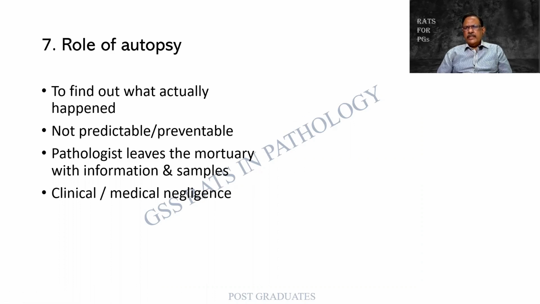The author mentions that, for example, the various fluids we will have to obtain, maybe the pleural fluid, peritoneal fluid, or aspiration from the gut, etc. Also tissue samples, as and when the autopsy is being done, we follow the general dictums. Any area of suspicion should be sampled and examined. We will have to rule out clinical or medical negligence.